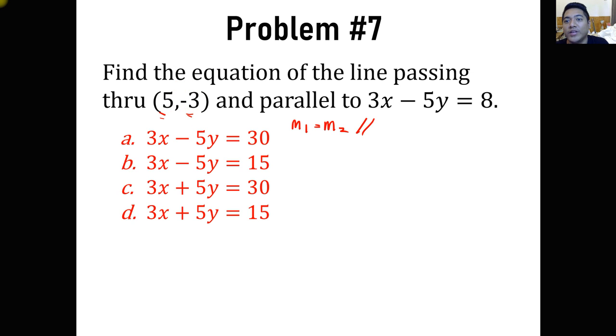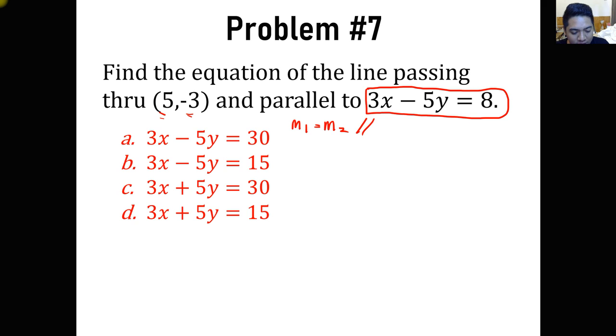We are asked to find the equation of the line passing through this point and parallel to this other line. So we need to extract the slope here, so that we can find the equation that passes through (5, -3).